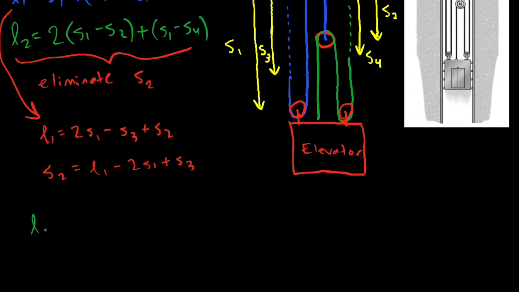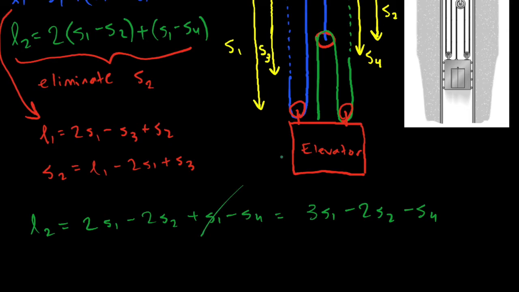So we would say L2 equals 2S1. Before we plug in, actually, I'm just going to do this out. So that's going to be 2S2 plus S1 minus S4, which equals 3S1 minus 2S2 minus S4. Just making sure no mistakes here.